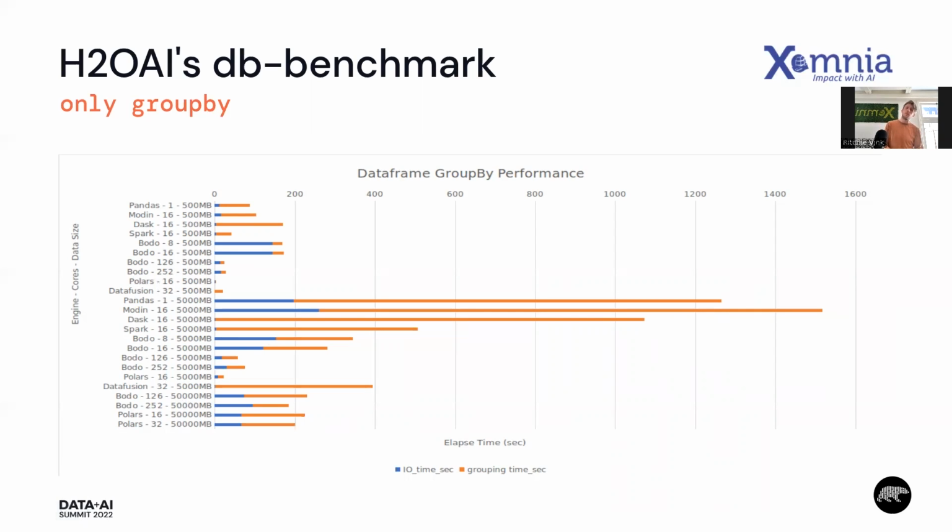But Bodo.ai needed 128 cores to be as efficient as Polars is on 16 cores. And Bodo, if I recall correctly, does JIT optimization and scaling of pandas, whereas Polars is just written from scratch to be efficient. And this shows that you can get a lot with less.